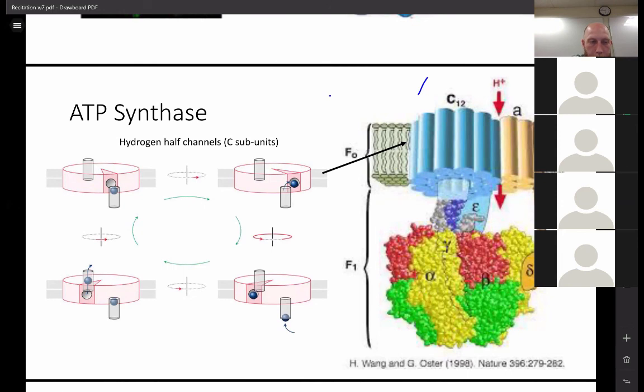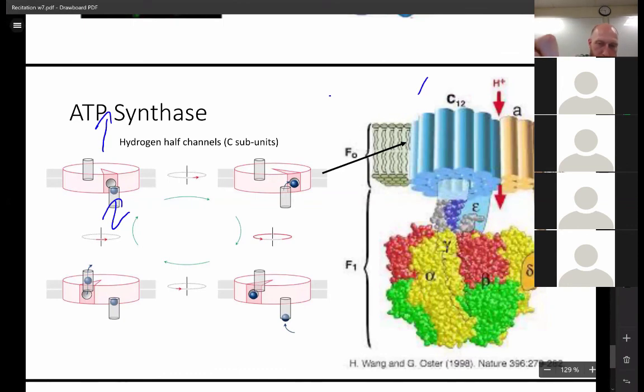In this instance, I think it's upside down. But whichever way you want to look at it, say this is where we're going to produce ATP, so we're going this way. The hydrogen comes into the channel, fits into a slot within one of the C subunits.